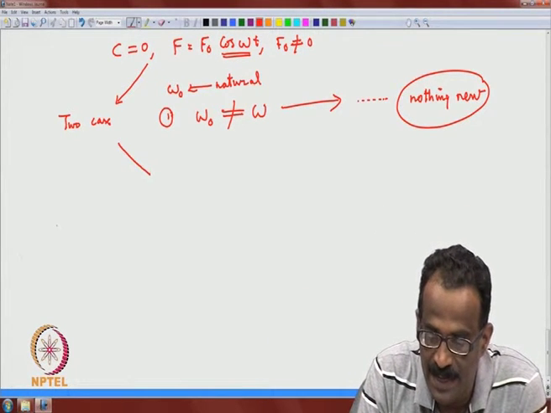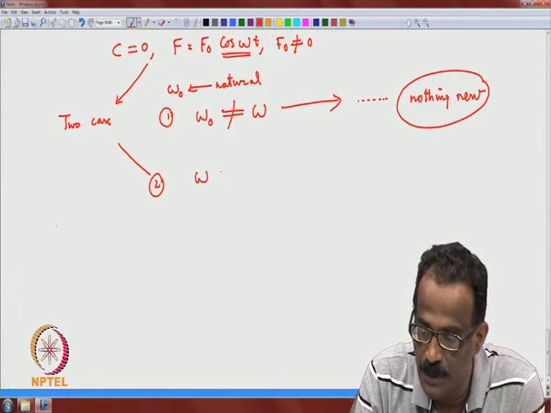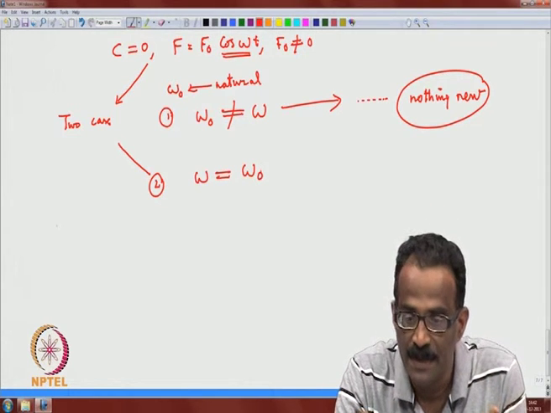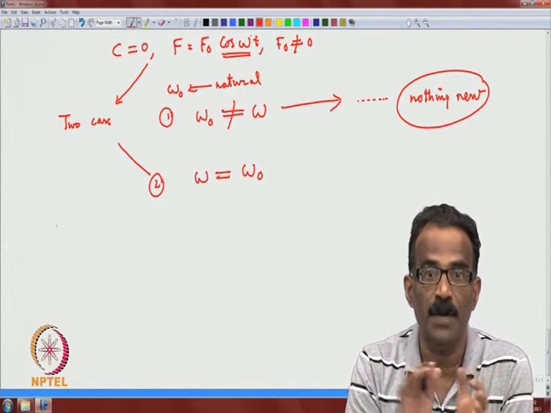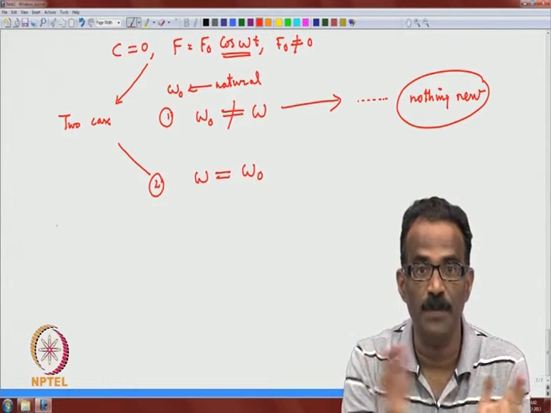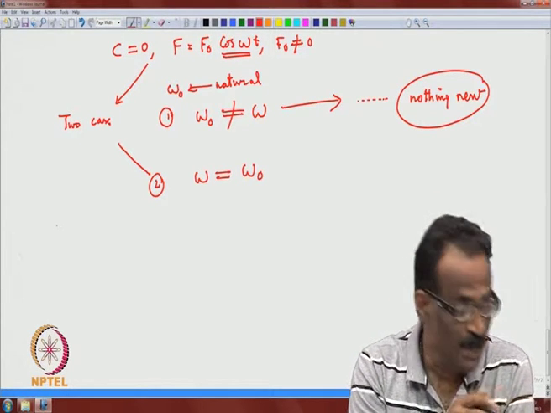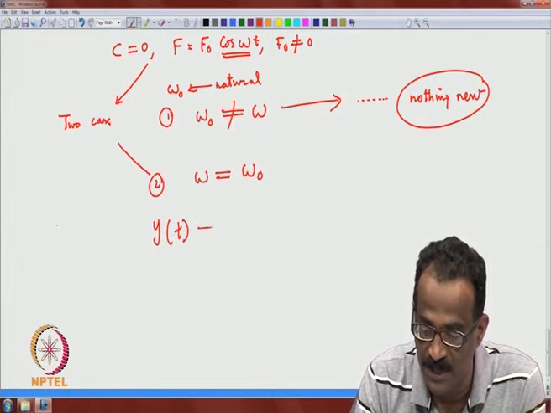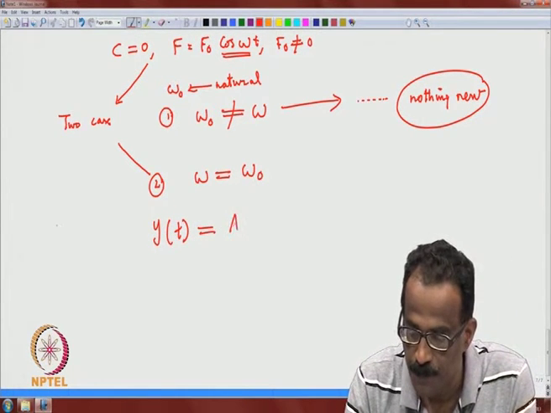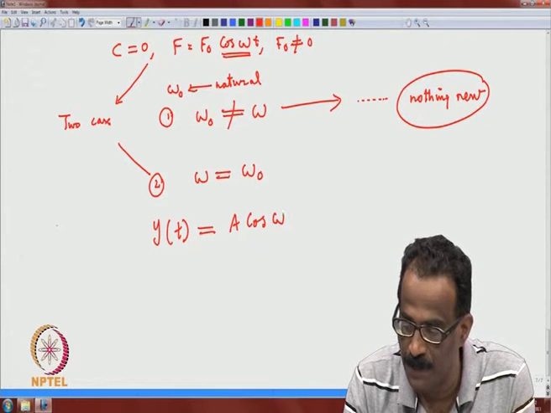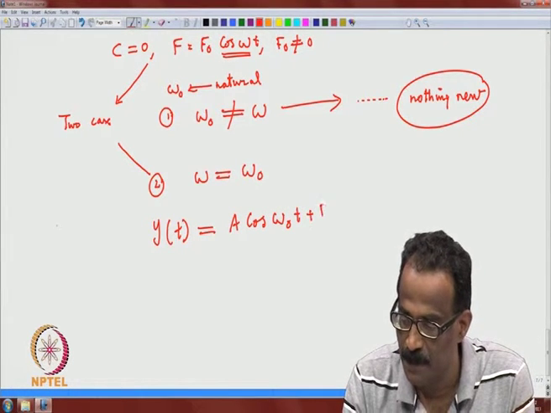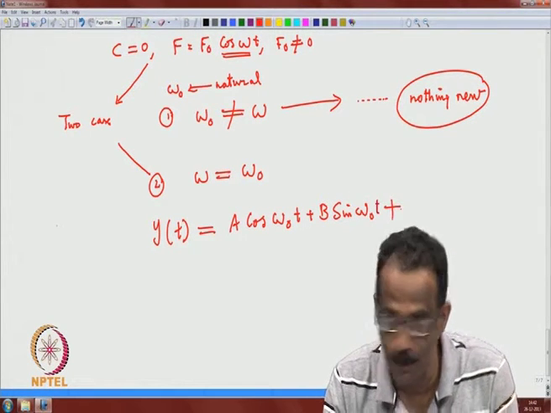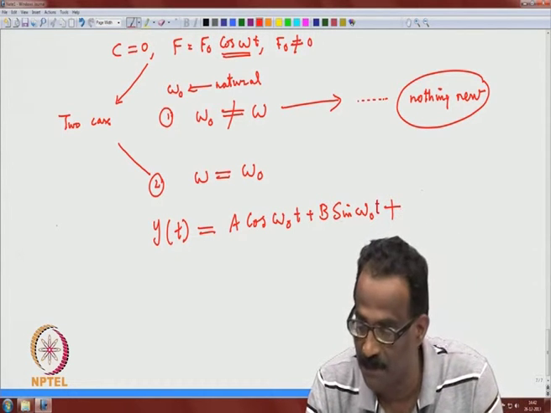The second case, when omega is equal to omega naught, then cos omega t or sin omega t is a solution of your homogeneous system. So, the solution in this case will look a little more interesting. You will have a solution due to the homogeneous part, cos omega naught t plus c sin omega naught t, and then the particular solution will have another factor.